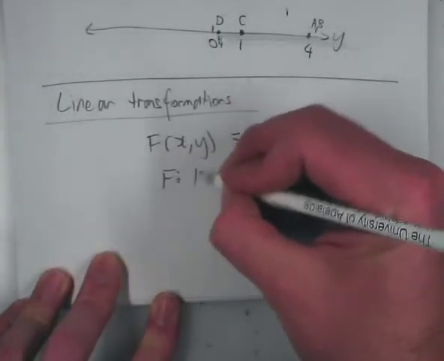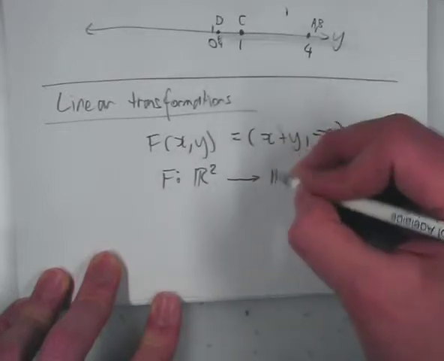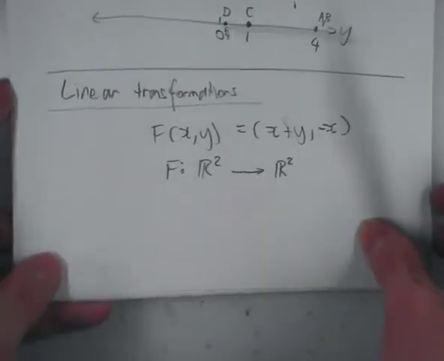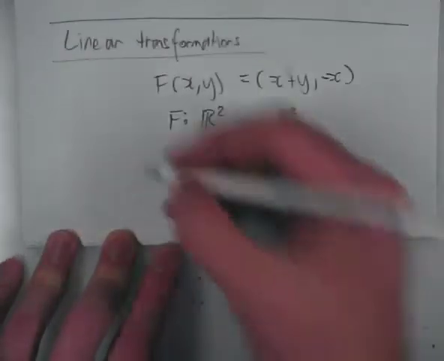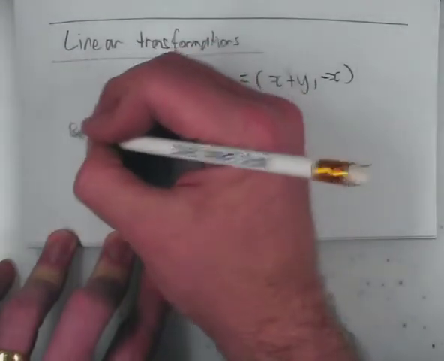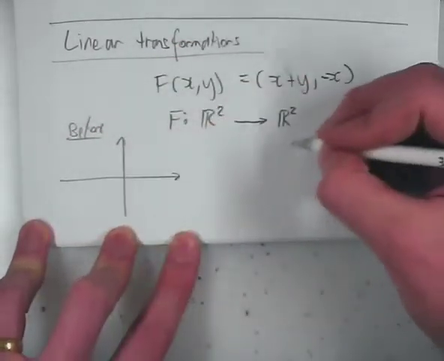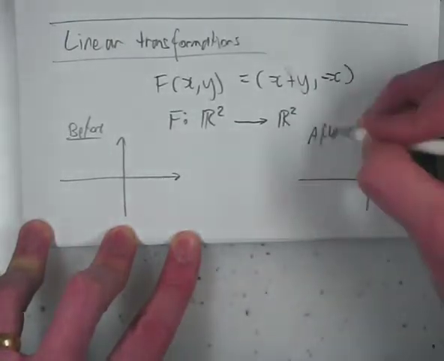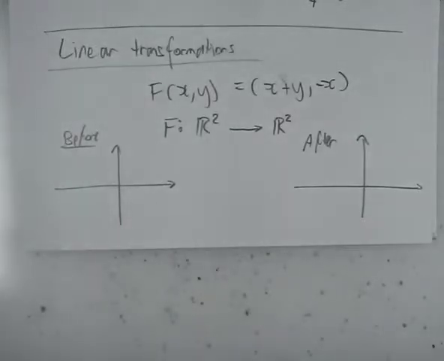So here there's 2 coordinates here, and there's 2 coordinates here, like that. And so we need a before picture and an after picture for that. So we can have a before and an after. And we can draw points and see where they go.